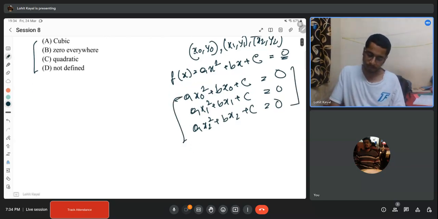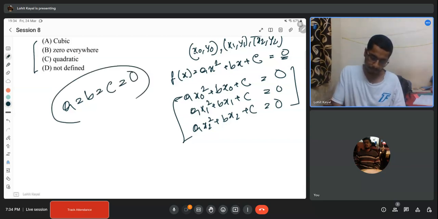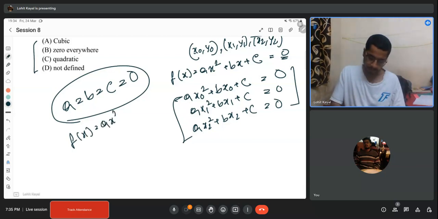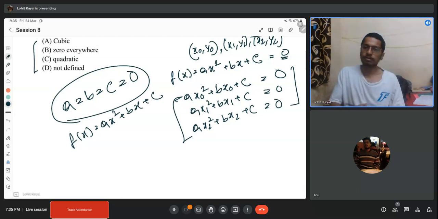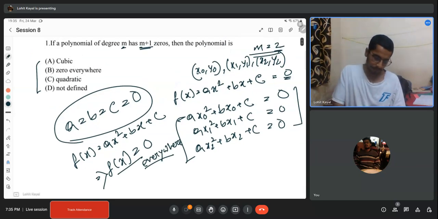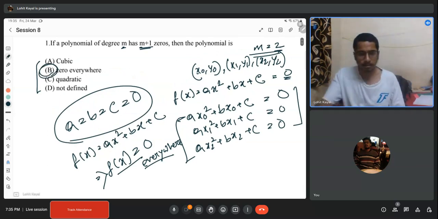It will be only true when a equal to b equal to c equal to 0. My initial guess of the polynomial was ax square plus bx plus c. So if a equal to b equal to c equal to 0, then f of x is equal to 0 everywhere. So this option is correct.